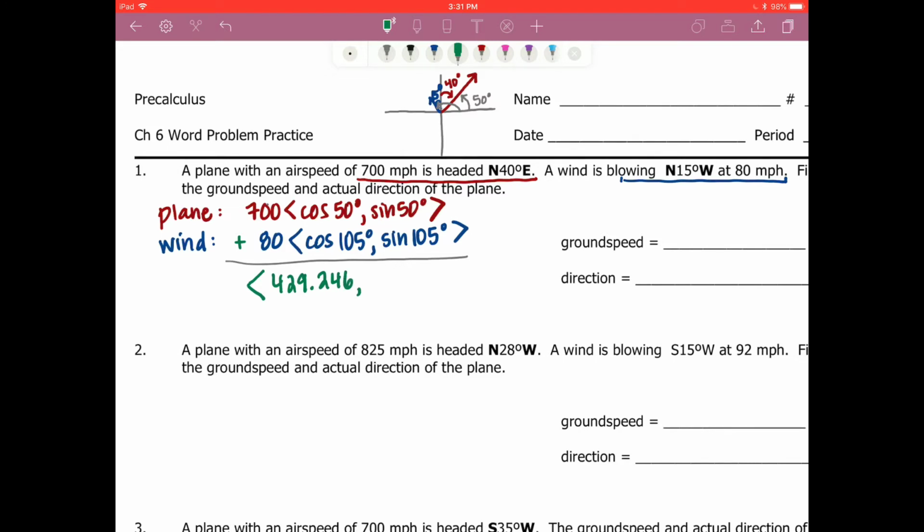The vertical component is 700 times the sine of 50 degrees plus 80 times the sine of 105 degrees, which is going to give us a vertical component of 613.505. Now we're going to store these two values as A and B so that we can be as exact as possible.